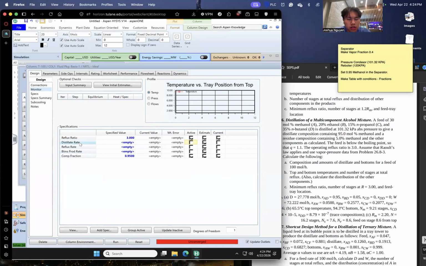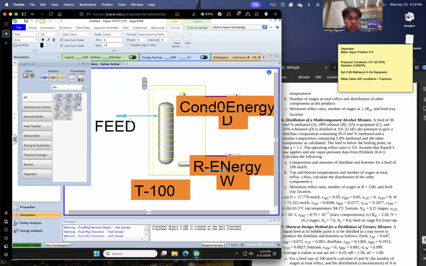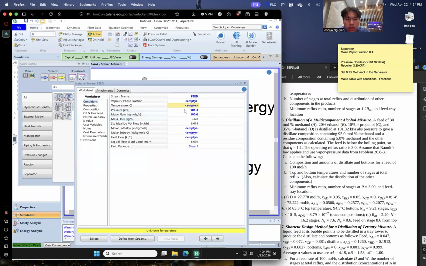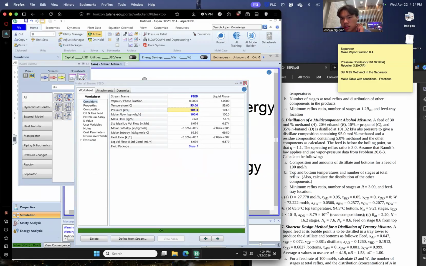What's production rate, distillate rate? I still need one more here. What am I missing? Maybe because I didn't specify the temperature in here. Yeah, so if this is vapor, it's 1.1. This means it's subcooled liquid. So I think I had to put the temperature to like 55 or something.